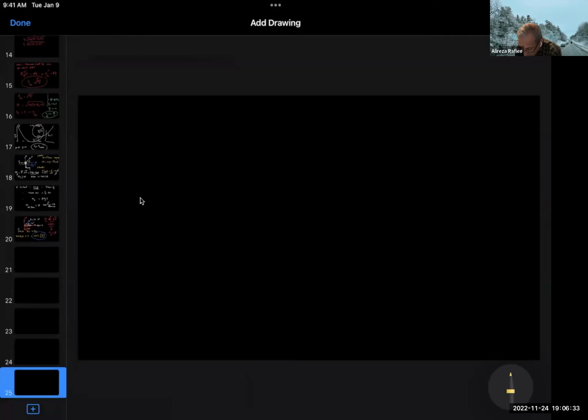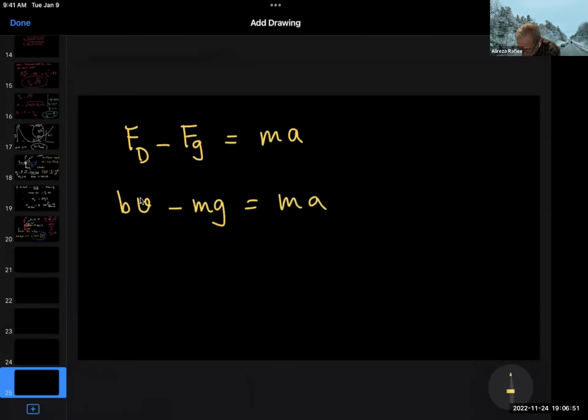Let's say that it's not reaching that terminal velocity, so F_d minus F_g would give you m times a. So this is b times velocity v, this one is minus mg, and this is equal to ma. bv would be equal to, taking a factor of m, m times (a plus g).